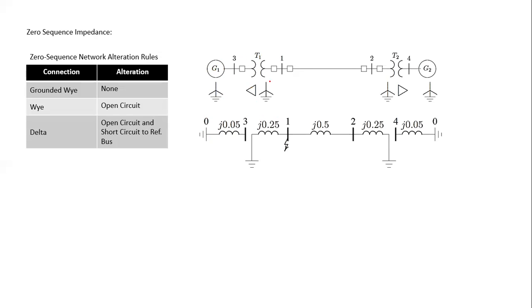Now for T1, the primary side is delta, so we open circuit the connection here. First we open circuit, and then we short circuit the terminal to the reference.